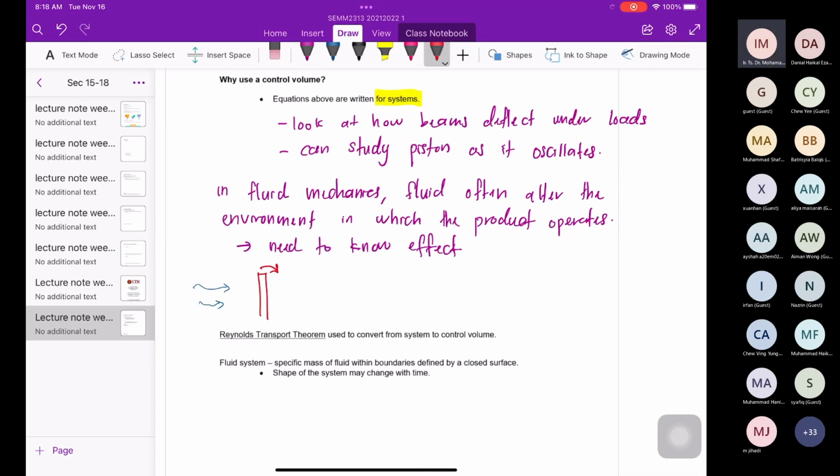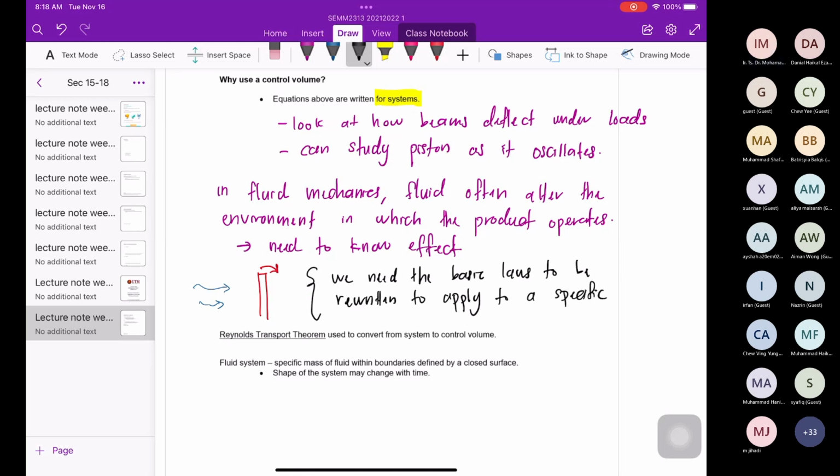Thus, we need the basic law to be rewritten to apply to a specific region. All right.